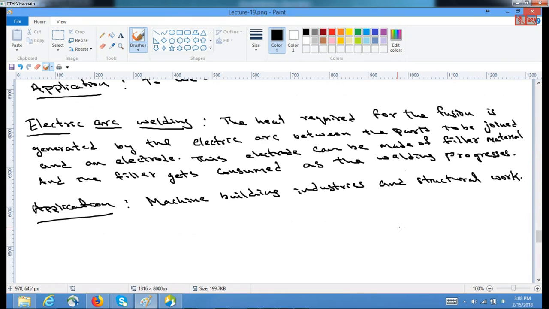Now the second group, which consists of application of heat plus pressure, is classified into two categories.